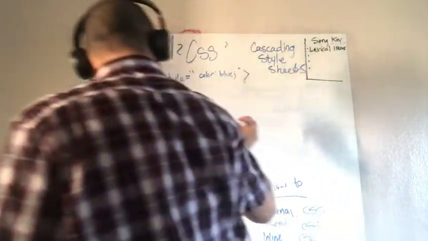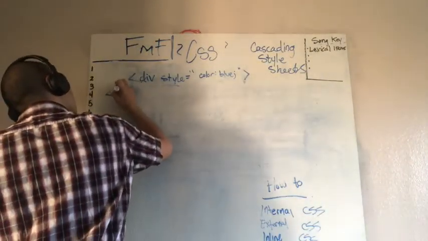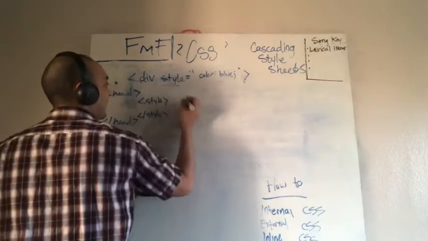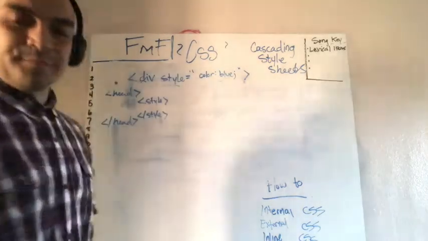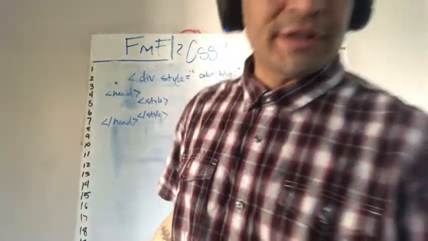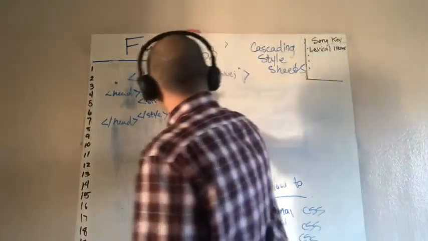The second way to do it is internal, inside the head. Inside the style tag, that's where you're going to use your selectors and everything else. You're going to start writing in here.